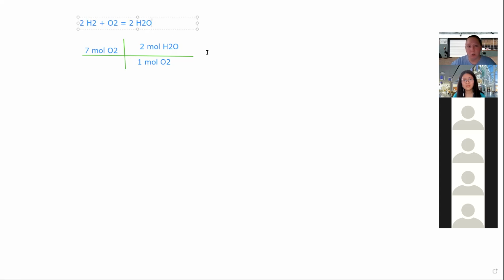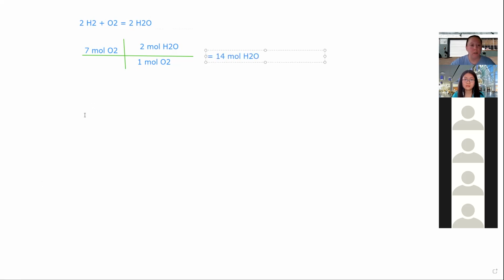So based on the molar equivalence, for every 1 mole of O2, we can make 2 moles of H2O. Now we multiply the top numbers and divide by the bottom number. So we can make 14 moles of H2O using 7 moles of O2.